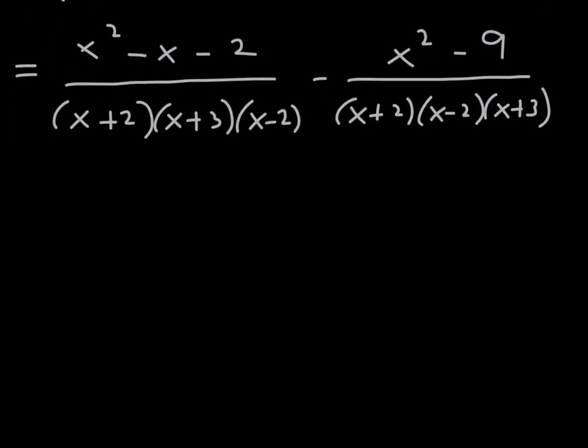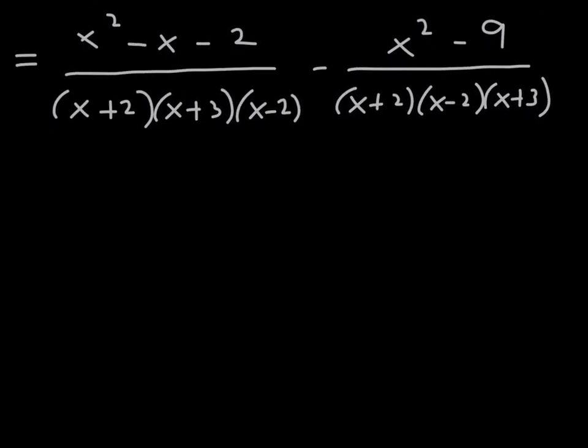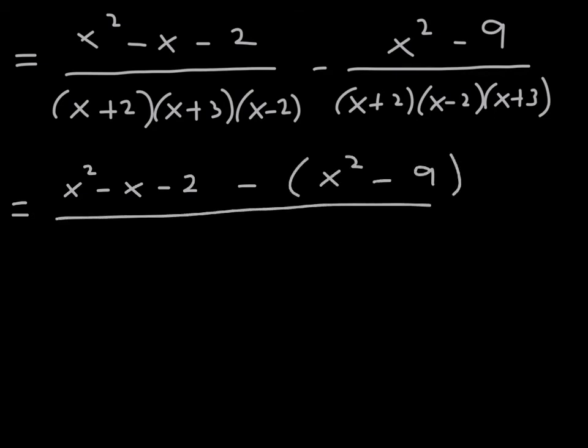Now notice that now you have two fractions, right, with the same denominator. So now you're able to actually go through with the subtraction. So you're going to have the first numerator, x squared minus x minus 2, minus the second numerator, which I put parentheses around because you have to make sure that you are subtracting x squared and you're subtracting negative 9, right, over the LCD.